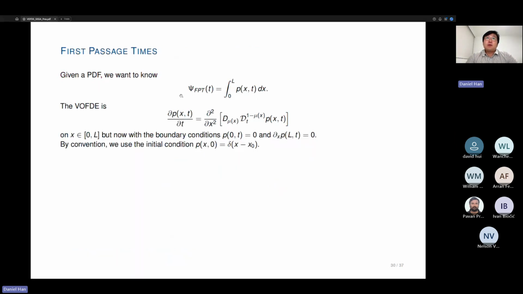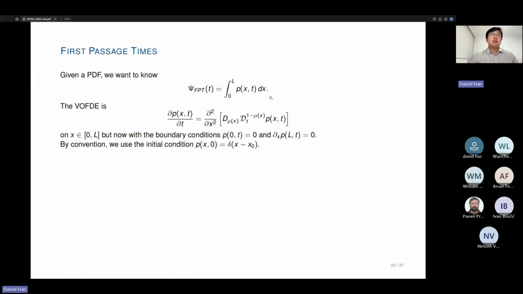The easiest way to find the first passage time is to find the survival probability in a domain. So this is psi FPT, the probability that my time of first passage is greater than some value t, little t.